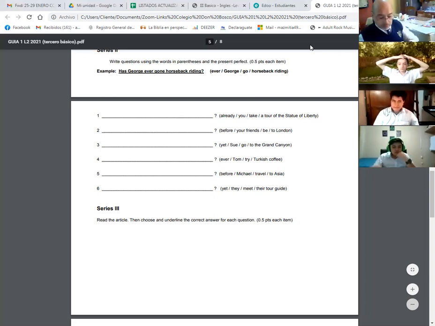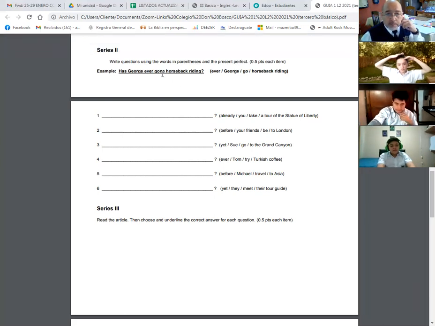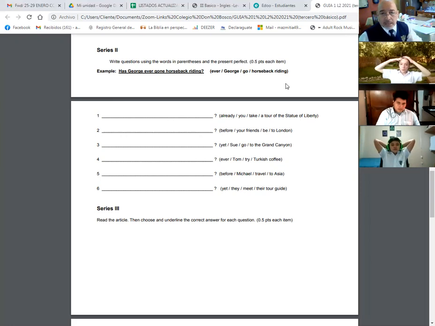So what we have here is now an example for this, okay? It says here, series 2, write questions using the words in parentheses in the present perfect. We check here, it says between parentheses, ever George go horseback riding. How are we gonna write it?